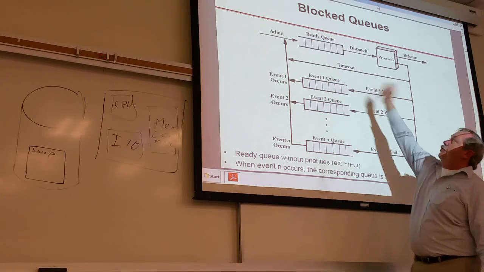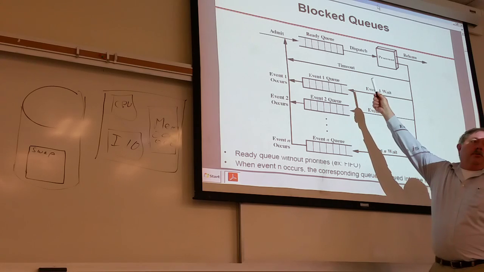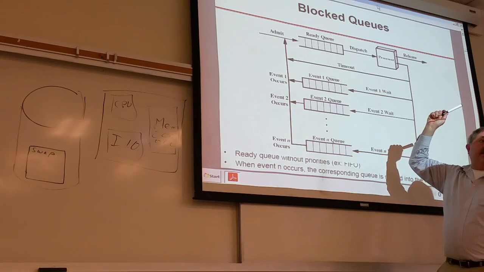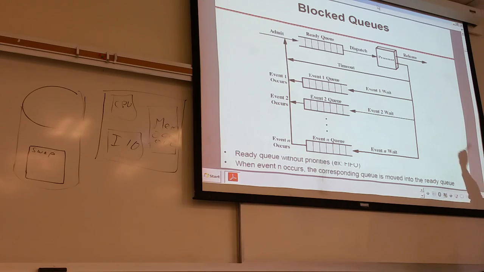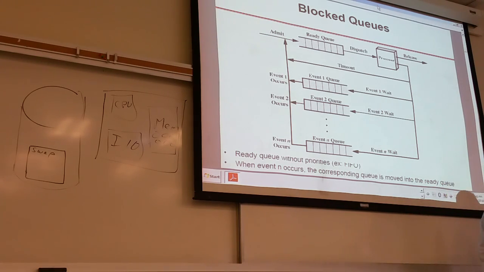So all it has to do is look at the head of the ready queue, and that's the process ID inside of there of the next process to get to run. And so it will select that process, and then it'll give it to the processor, and off it goes, having a good time. Okay, so that's the easy one.